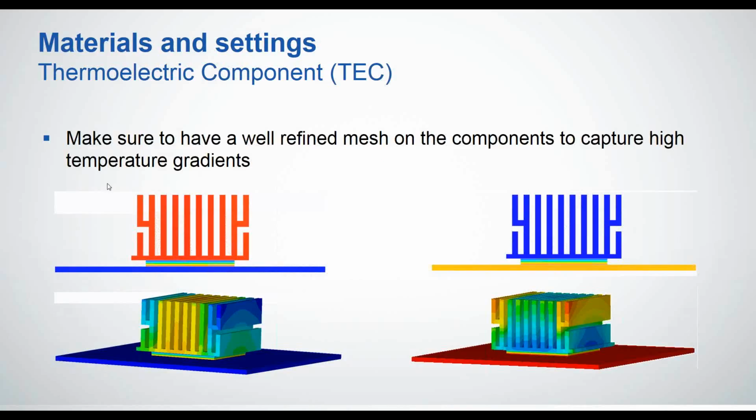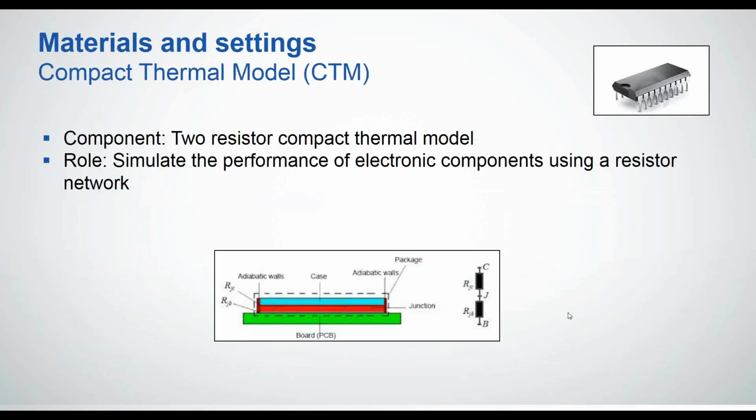So for the left side picture, I defined T-cold on the bottom side of the thermoelectric component, and here I just chose a temperature like 60 degrees on this bottom side, to maintain the PCB hot and to keep the heat sink cold. So let's move now to the compact thermal model.